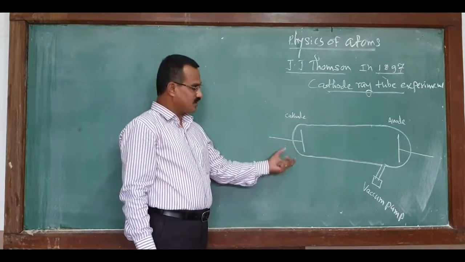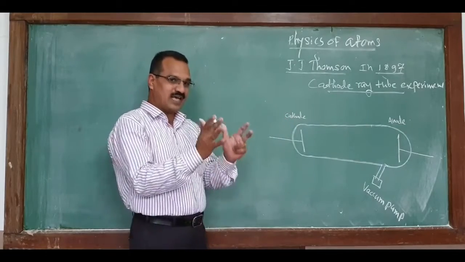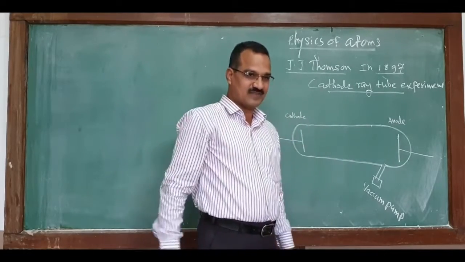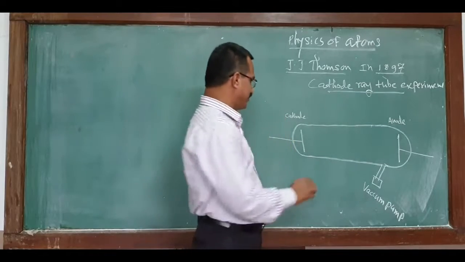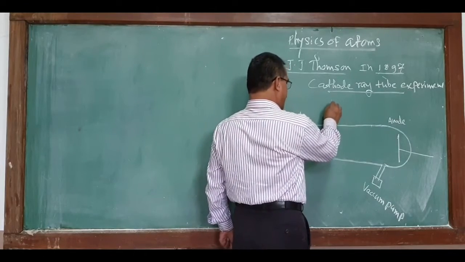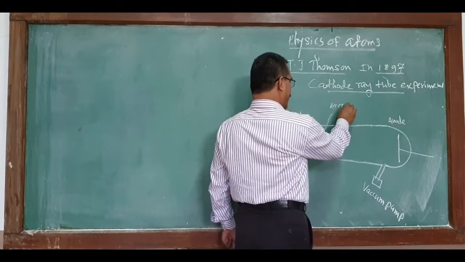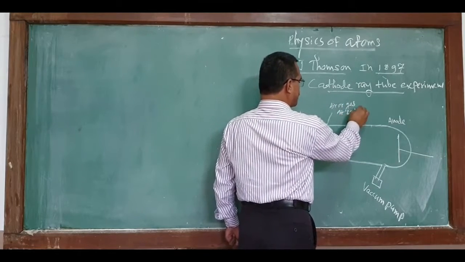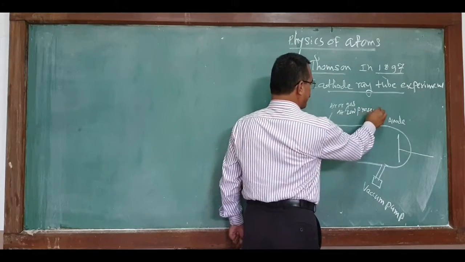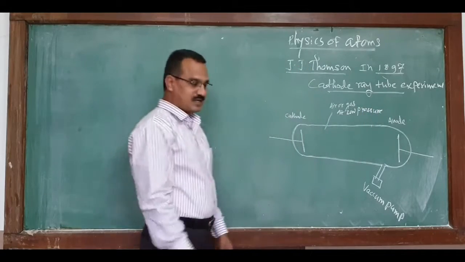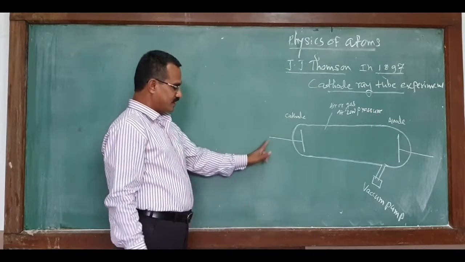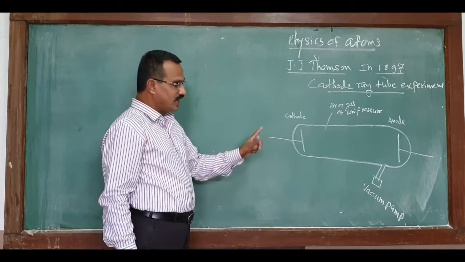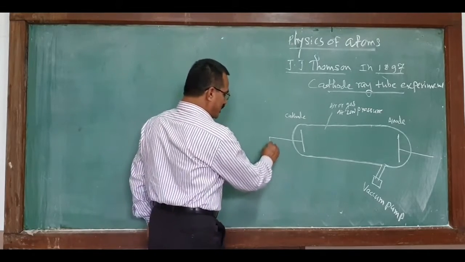Within that tube, air or gas is filled, that is at low pressure. The next point, between this cathode and anode, a high voltage is applied.